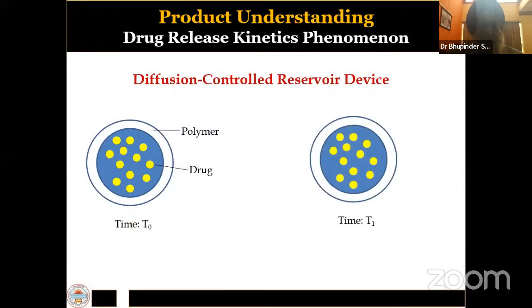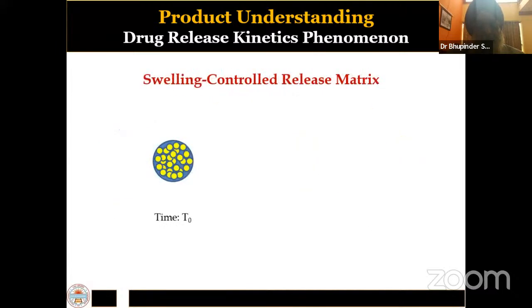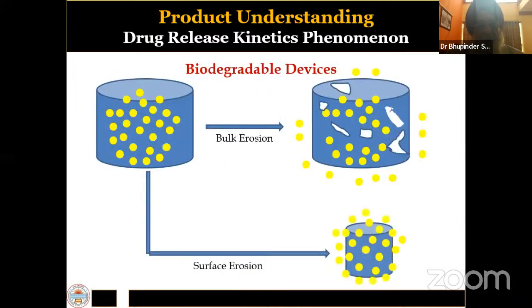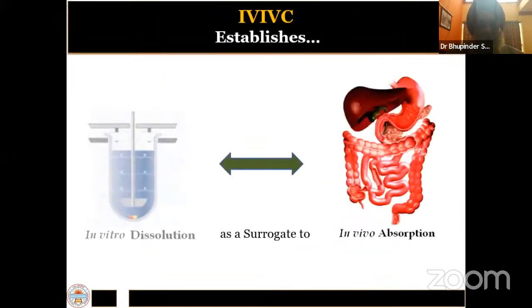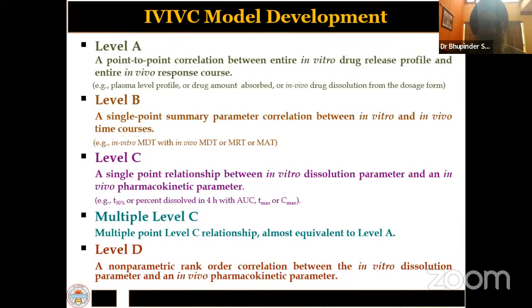Time does not permit me, but it tells you about diffusion controlled systems, or swelling controlled systems, or biodegradable systems, or erodible systems. IVIVC tells you about the correlation between in vitro and in vivo relationships.